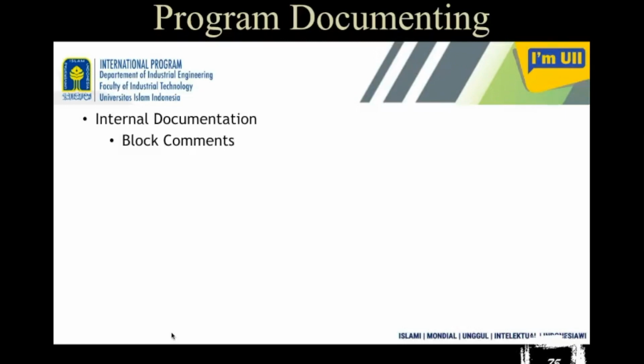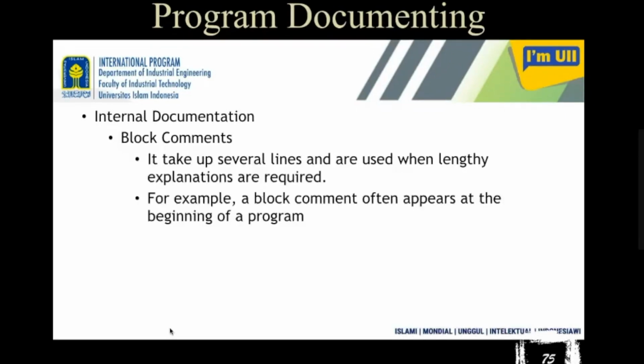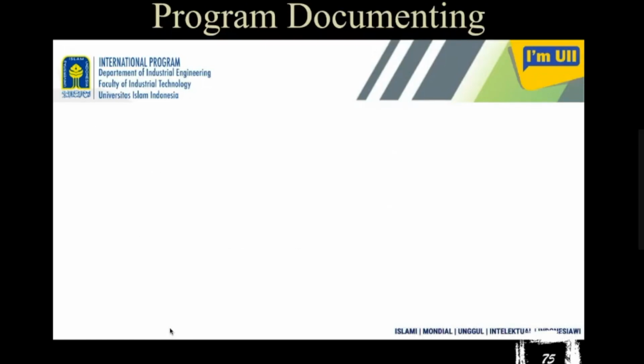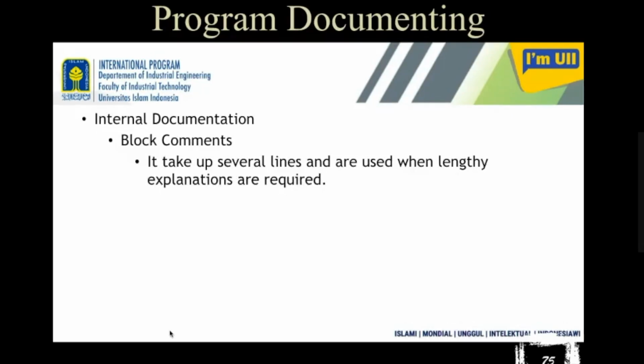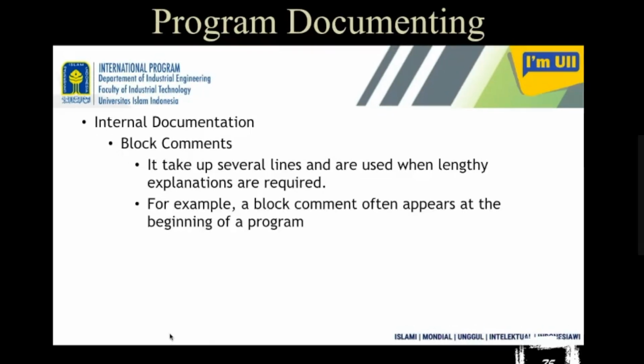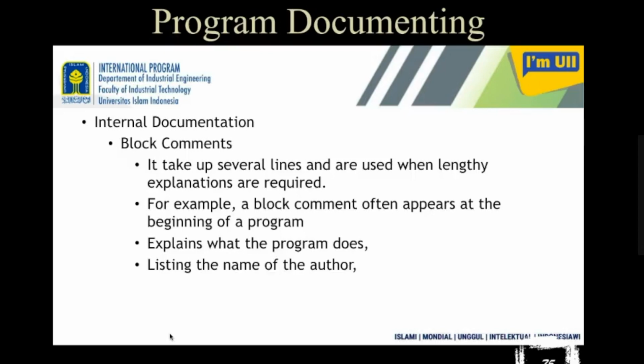So this internal documentation can be of two types: block comments and line comments. Block comments are present at the beginning of the program. Usually, they take several lines of statements, and instead of a line by line explanation, they explain what operation is performed by the program. They give a summary of the operation.